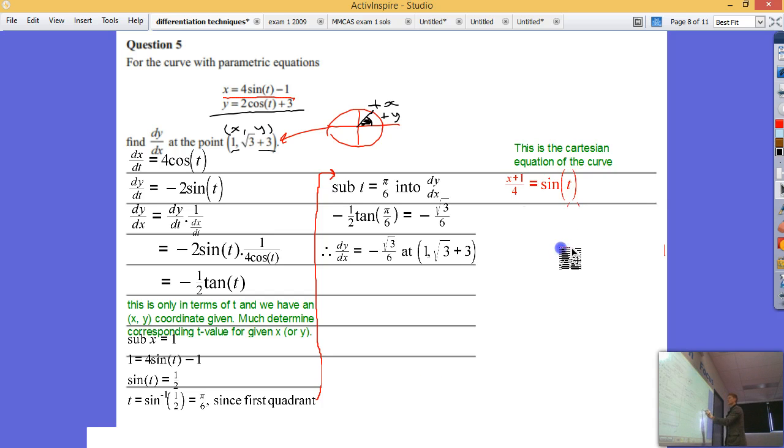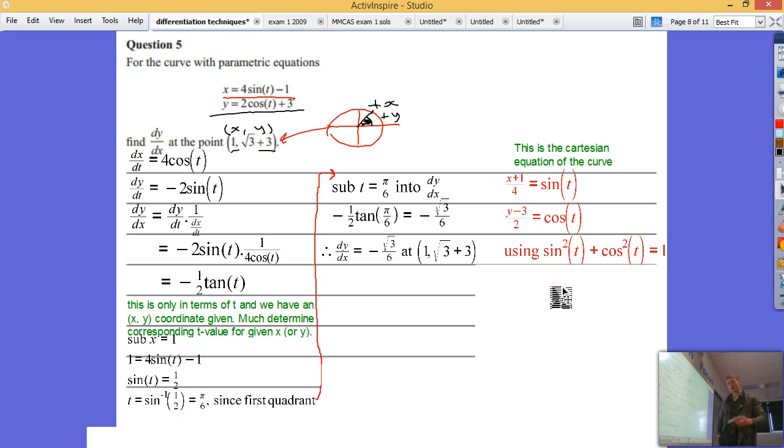Now we could also approach this slightly differently. We could think about it as, let's first work out the Cartesian equation for these two parametric rules. So I rearrange my x rule and my y rule in terms of sine and cos, and now I'm going to use my trig identity to combine them together to get the Cartesian equation for the ellipse.